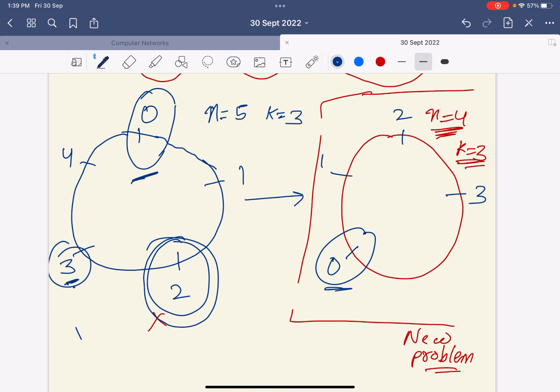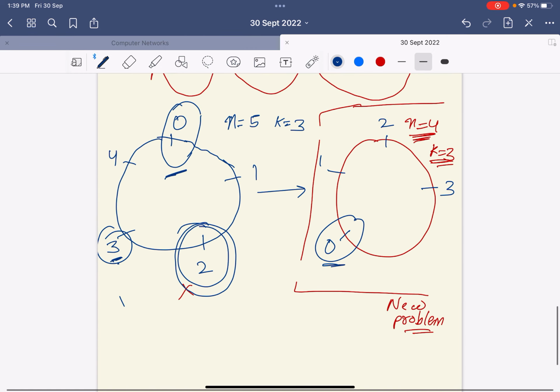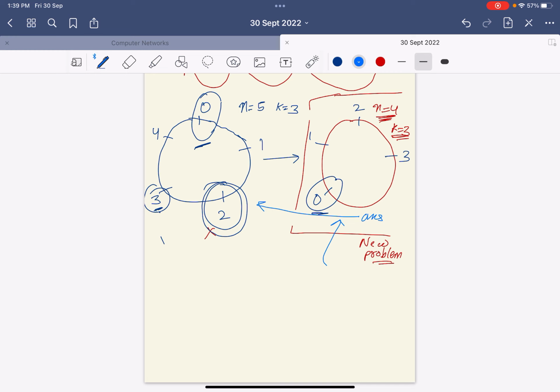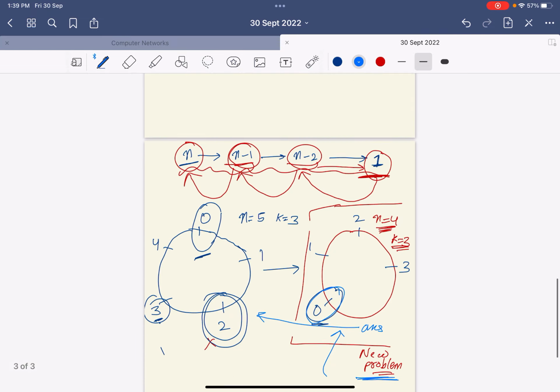So if somehow I solve this problem, I can map the answer of this problem to the answer of this problem. We know that after solving this new problem, we get this 0. Why?